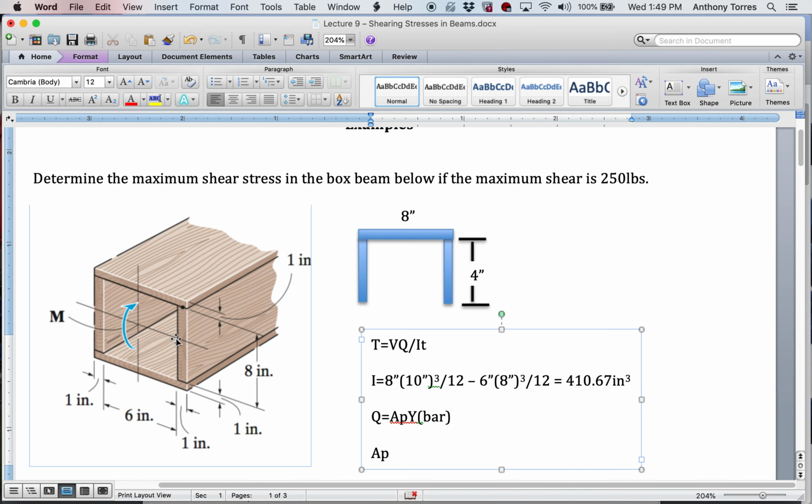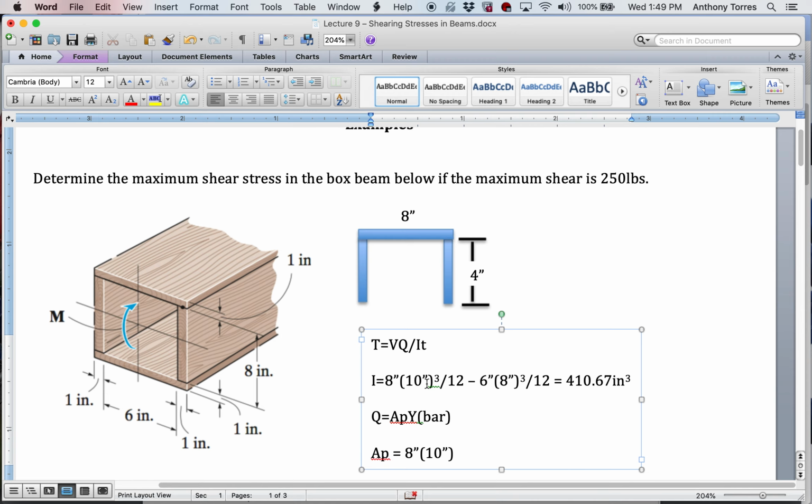We could do a similar cheater method by just getting the area of the whole thing and dividing it by 2. It might be harder to actually look at this half one. Let's just get the big box minus the little box and then divide that by 2. We already have the values up here. So I'm going to do 8 inches times 10 inches. That's the same thing we got right here.